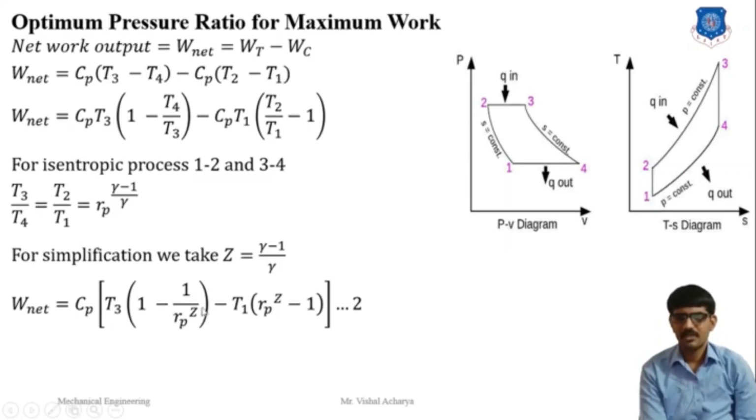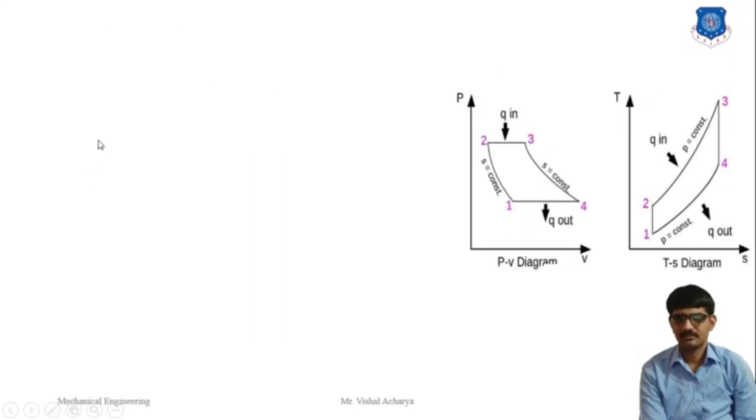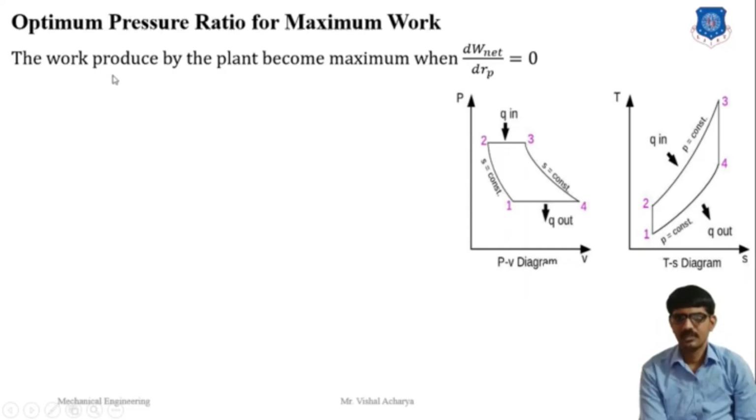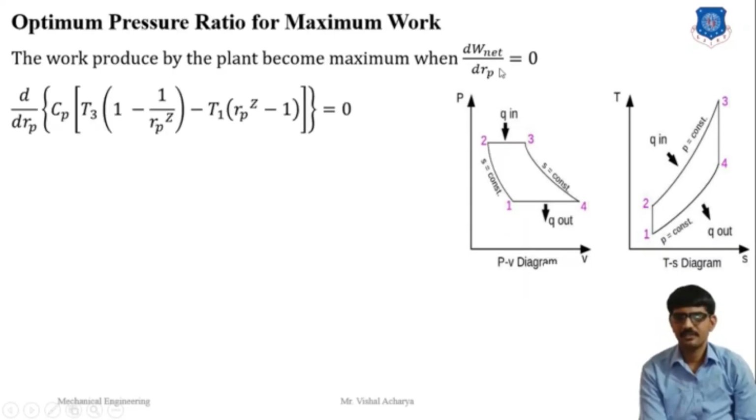At the pressure ratio condition where the work is maximum, the derivative of the work produced by the plant with respect to the pressure ratio is 0. So Cp into [T3 (1 minus 1 by Rp raised to Z) minus T1 (Rp raised to Z minus 1)] is equal to 0 when differentiated.